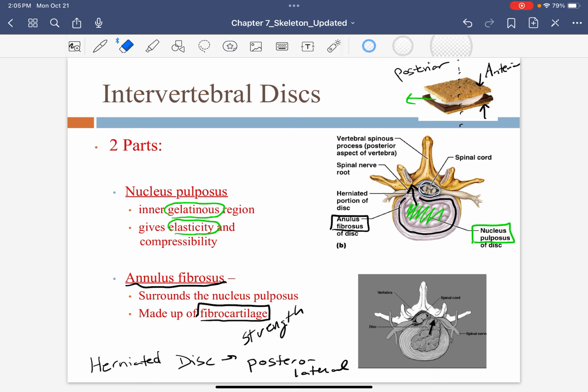And you can see what one of the main problems is. When it squeezes out the back, it's going to compress those spinal nerves that leave in the intervertebral foramen, thereby causing symptoms that can go all the way down the back, and even down the leg.